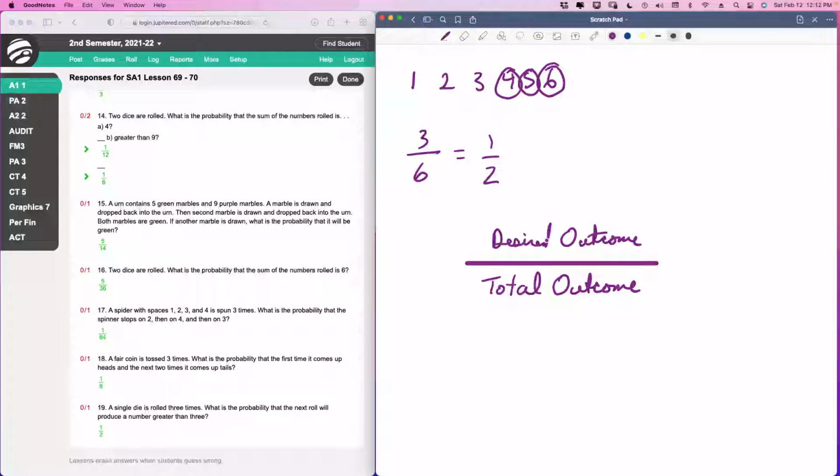The desired outcome over the total outcome. And that's what this number represents. You have 5 out of 14 chance that you'll get the color you want, or a 1 out of 64 chance that the spinner is going to land on the spaces in the order that you want them to, or the spaces that you want in the order that you want.